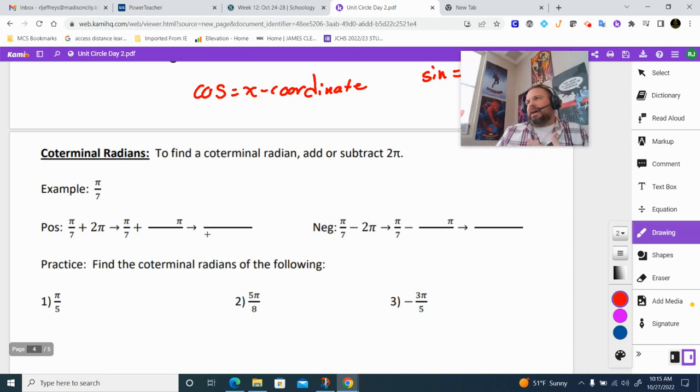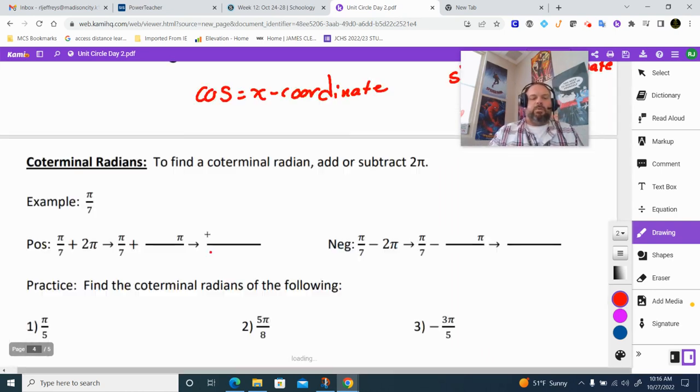This time it's add or subtract 2 pi. All right. Now, I did this algebraically, but there's an easier way to do this than this. But I need to show that anyways.